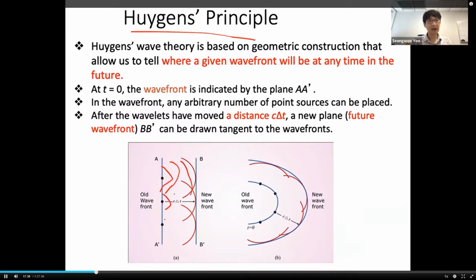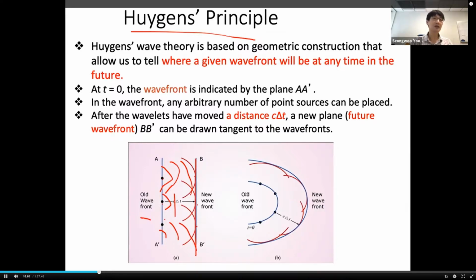Then we just trace the new wave front from each of the point sources, and at a given time you just freeze the propagation, then you connect those wave fronts from each of the light sources, which now defines the new wave front from the light source.